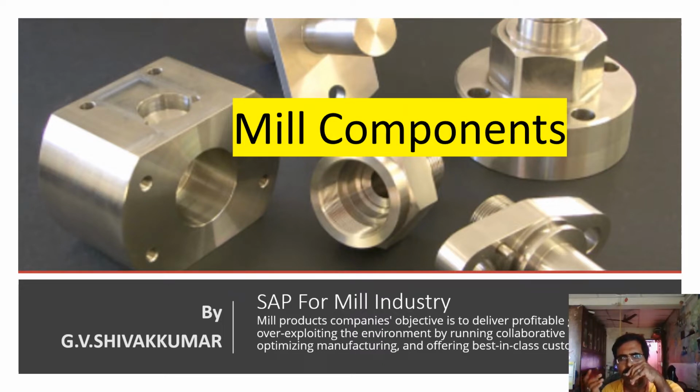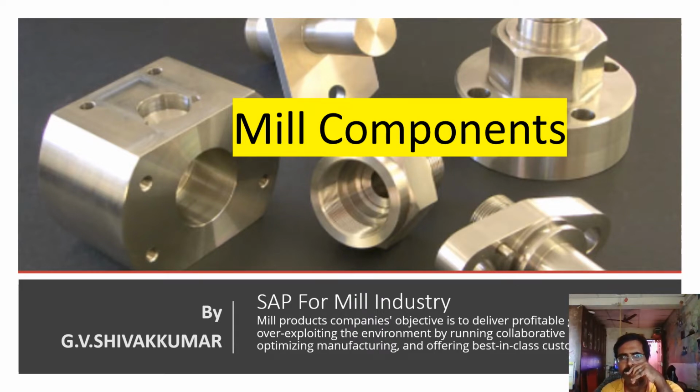So the mill product companies' objective is to deliver profitable growth without over-exploiting the environment, without disturbing the environment, by running collaborative supply chains, optimizing manufacturing, and offering best-in-class customer experiences.